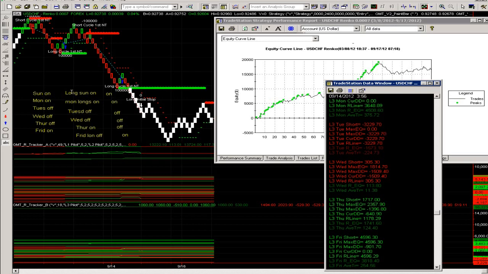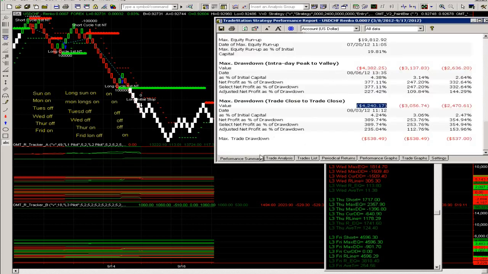We've basically got longs on Sunday. Monday we've got all trades on. Longs. We turn Tuesday and Wednesday off. Thursday is longs only, shorts are off, and Friday is shorts only. So with that combination of days of the week, we should be able to really improve this performance in a huge way.